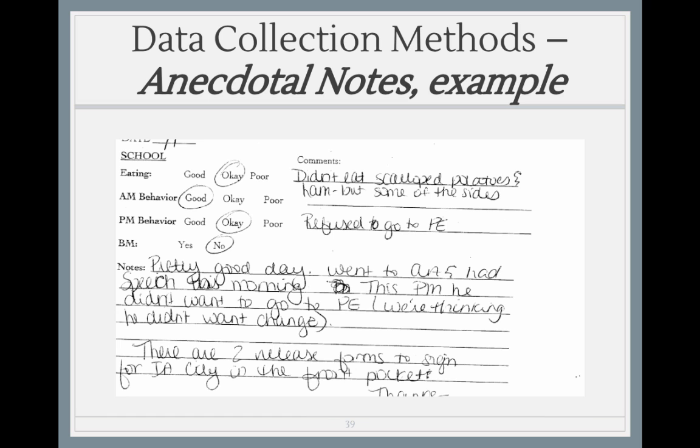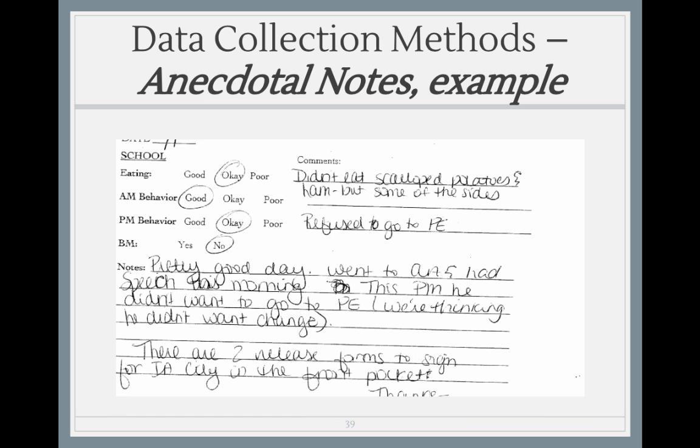So here's an example of an anecdotal note. This was part of a homeschool notebook that was used for a school team a number of years ago. And you can see that there were some concerns that they just always addressed in the anecdotal notes. So they talked about how the eating at school was, how the behavior in the morning and the behavior in the afternoon were.